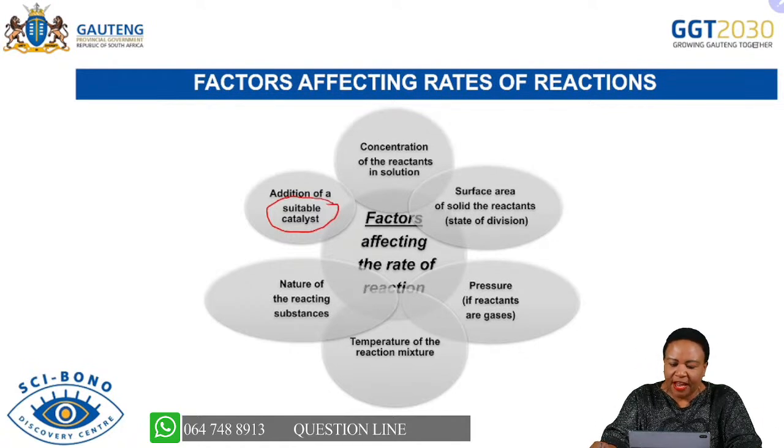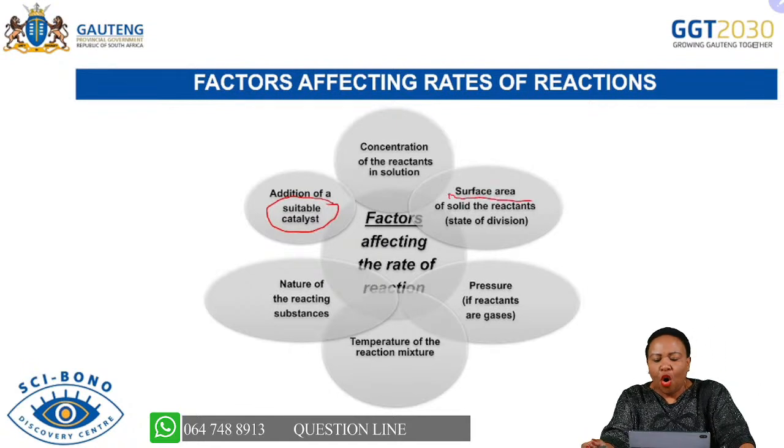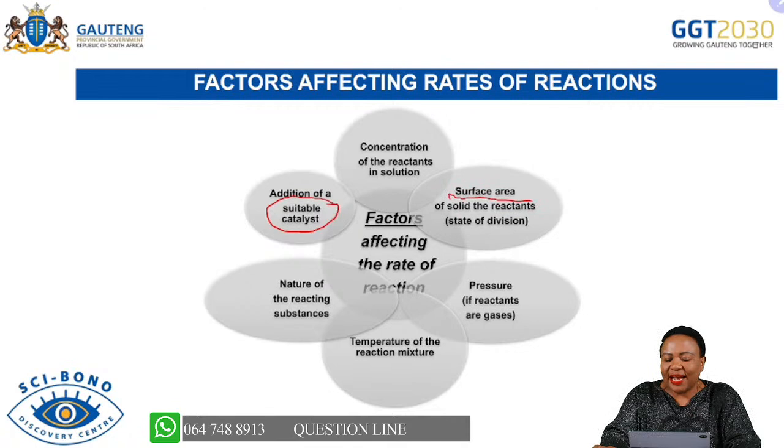Then we are also going to look at the surface area of a solid of the reactants. In terms of the surface area, we are only going to concentrate on the solids. We are going to change the surface area of the solids of the reactants. It's still under the reactants. So the concentration and the surface area that we are going to change are for the reactants.